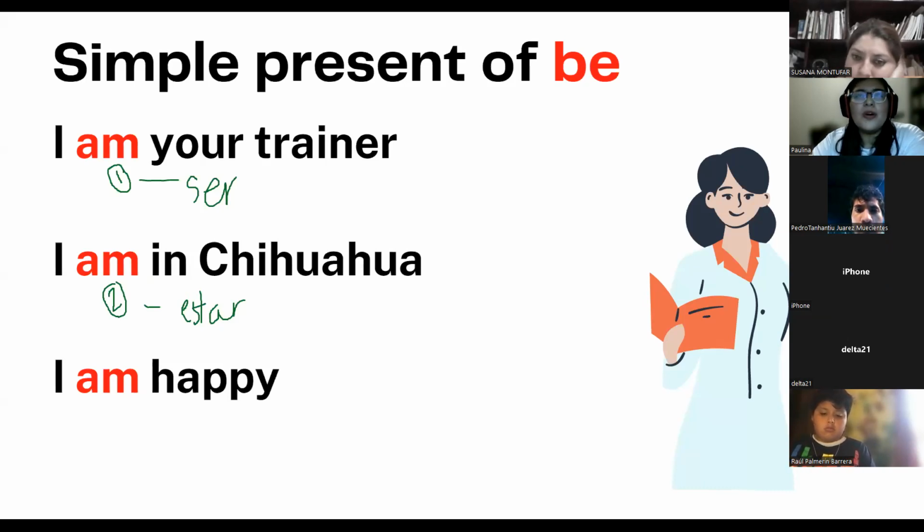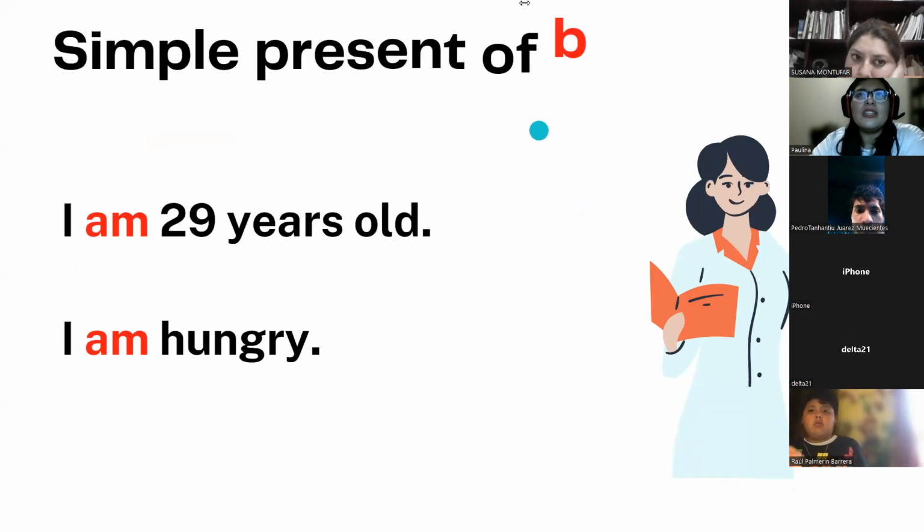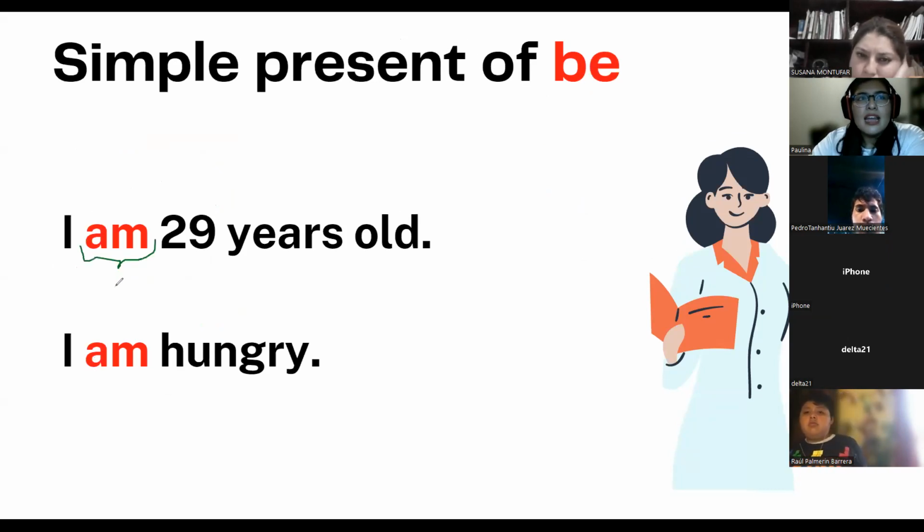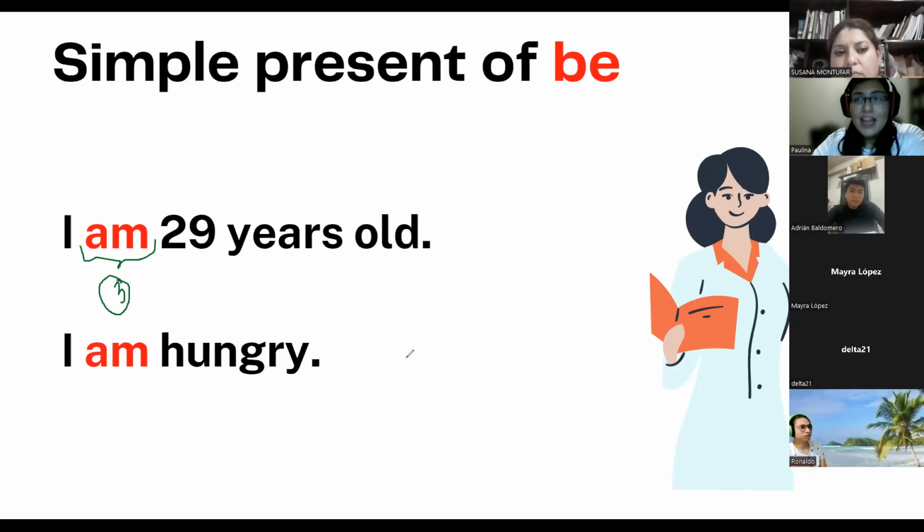No. Nope. Okay. Now here's one more function that it can have, which is I am 29 years old and I am hungry. ¿Cómo diría yo mi edad en español? Yo tengo. Tengo, ¿no? Tengo, así es. Pero en inglés no es así.